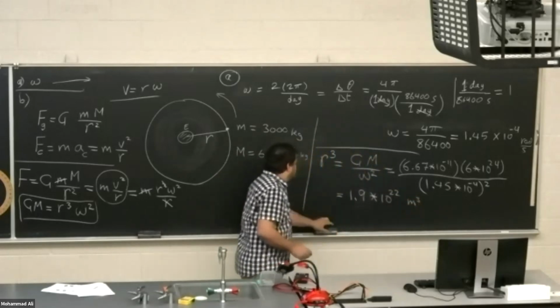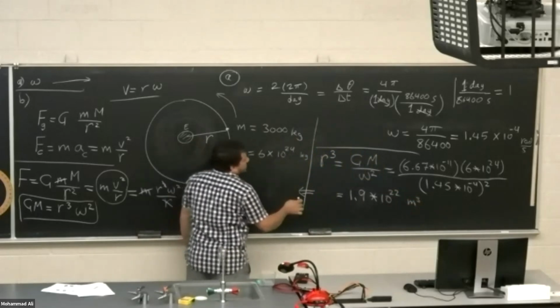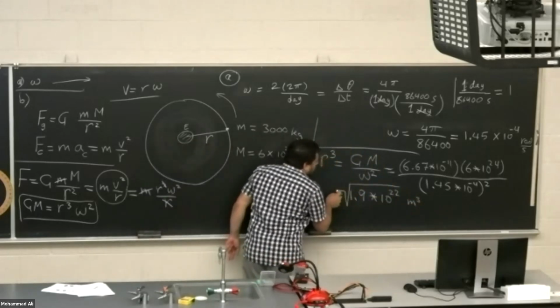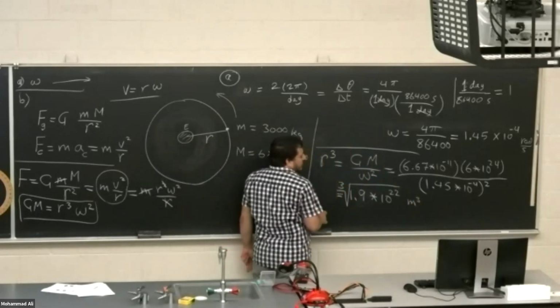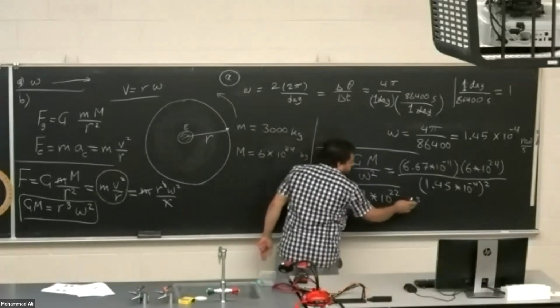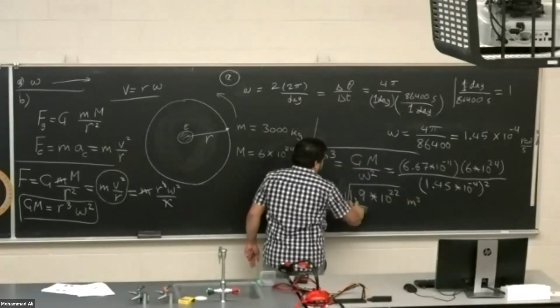We need the radius. From this, we need just to take the cube root to have R. So, another step.